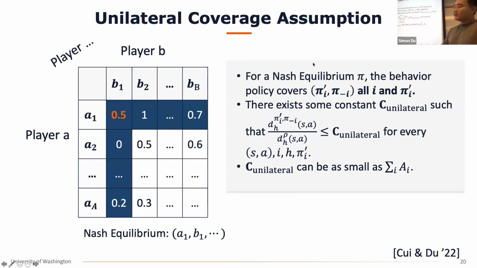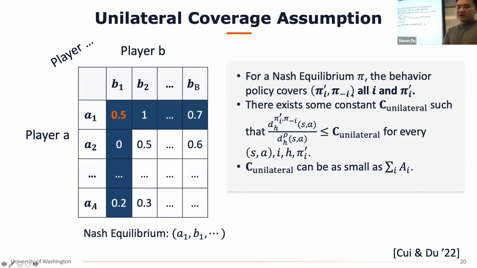So basically what we need, let's say again, we have M players. The Nash equilibrium is pi 1 star to pi M star. Then to find the Nash equilibrium, you need the behavior policy to cover this pi.